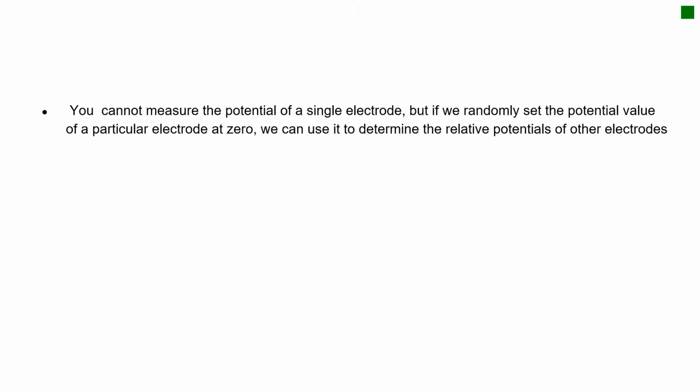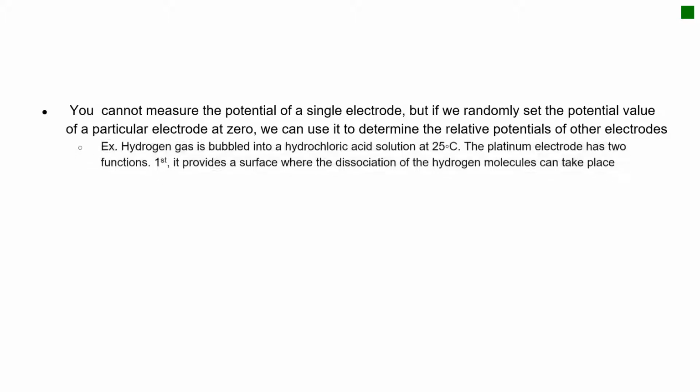You cannot measure the potential of a single electrode, but if you arbitrarily set the value of a particular electrode as 0, then you can use it to determine the potentials of the other electrodes. For example, hydrogen gas is bubbled into a hydrochloric acid solution at 25 degrees Celsius, and the platinum electrode has two functions.